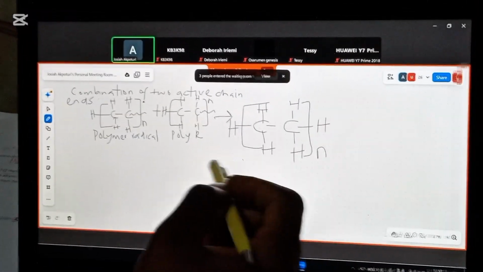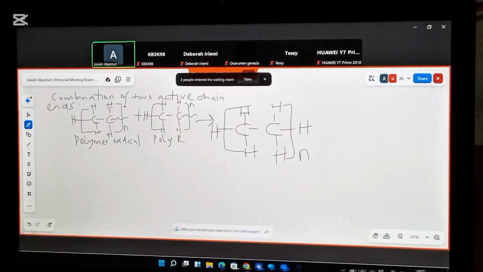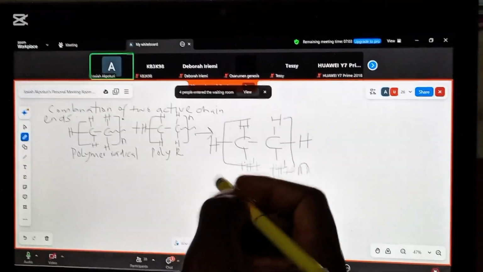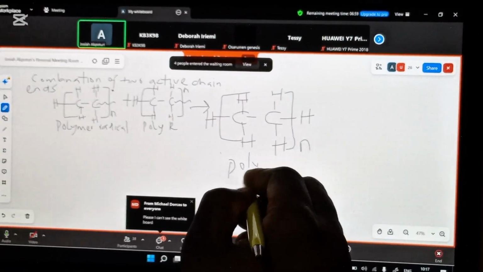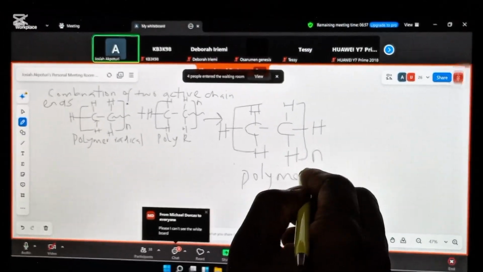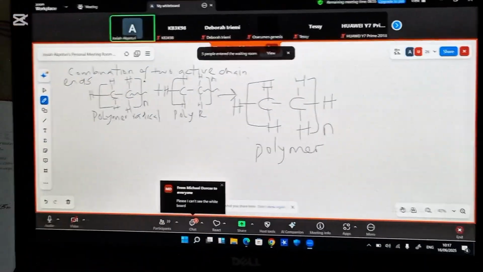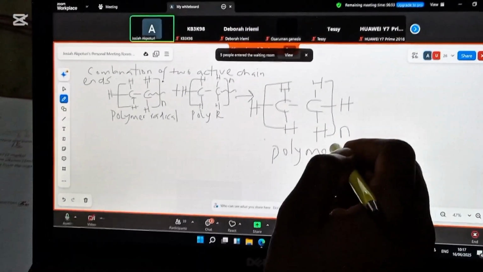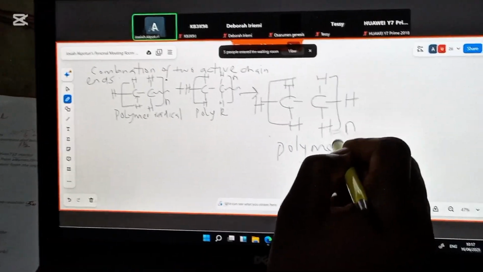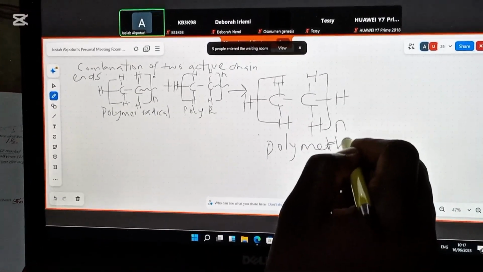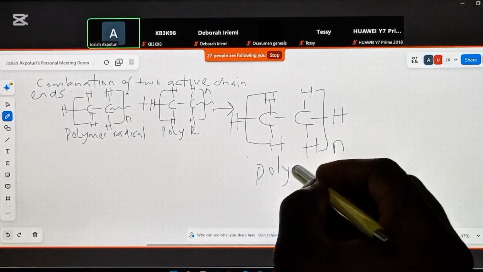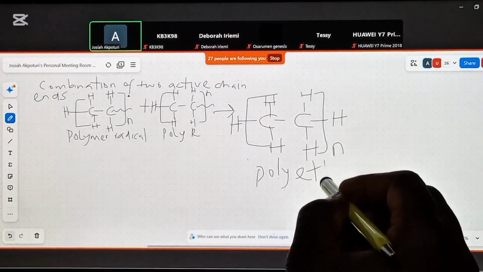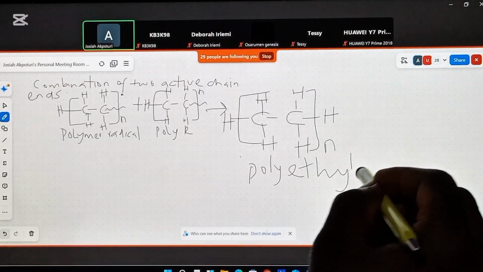Then this n means it's a polymer. Polymer is plenty, a large molecule made of plenty of monomers. So this becomes a polymer, and we call this polyethylene. This is an example of polyethylene, and this is how we form polyethylene.